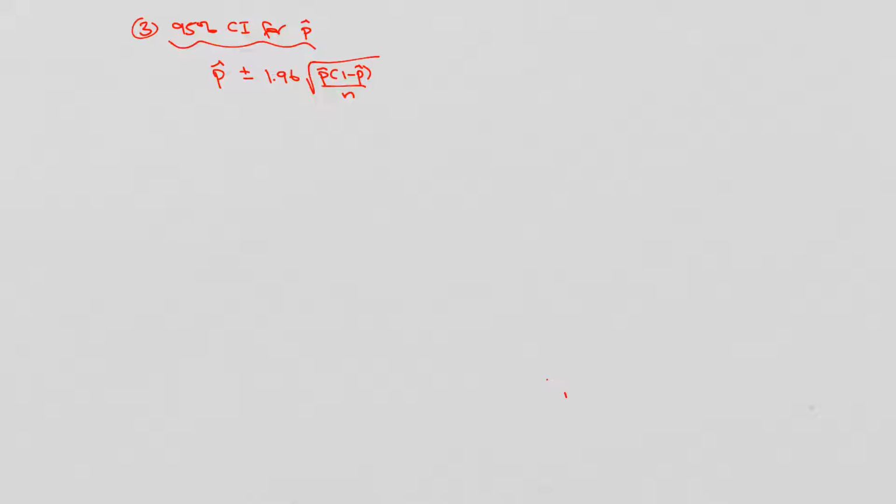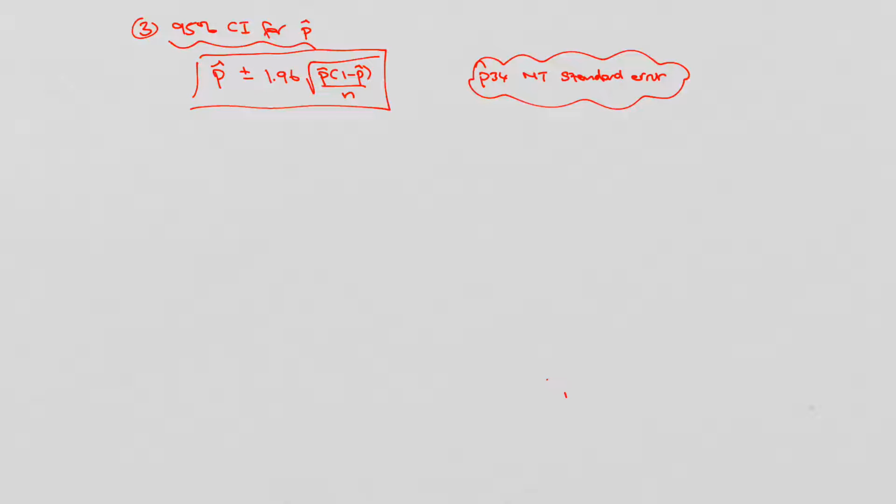And of course, if we're trying to remember what page is that on, it's our page 34 for our standard error of the population proportion. And that's only for the standard error part, okay? So you won't get the times 1.96 and you won't get the plus or minus the sample population proportion. So again, you need to know that off by heart. Only this part of the equation can be found in the tables, whereas the rest of it is not.